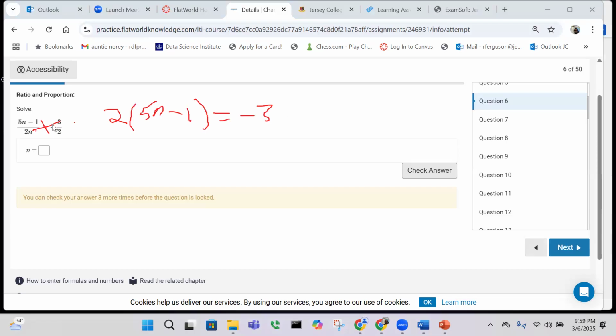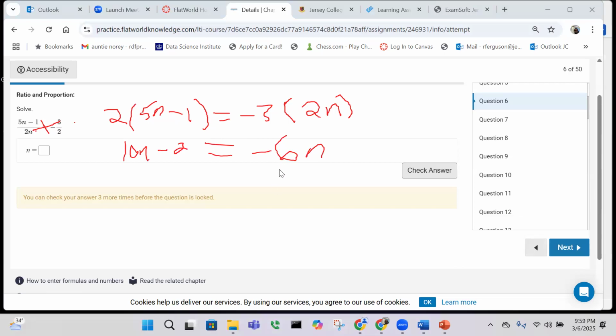I'll put the negative on that side. -3 times 2n. That's the first step. And if you see the first step, it looks like 10n minus 2 equal to -6n.